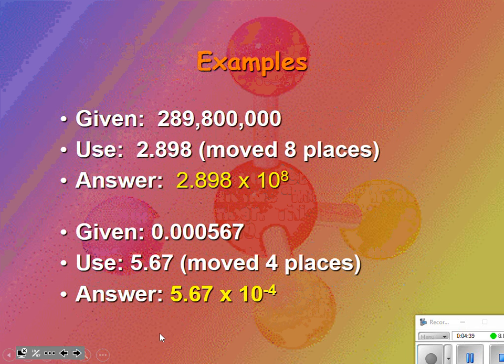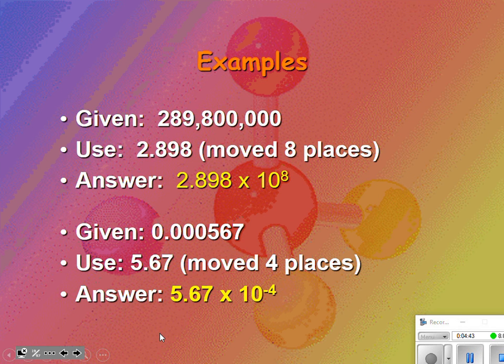So, if we're just looking at this right here, we have a number, 289,800,000. We're going to put that number into scientific notation so that it's a little bit easier, more concise to write. So, as I'm looking up here, I am going to move my decimal point.